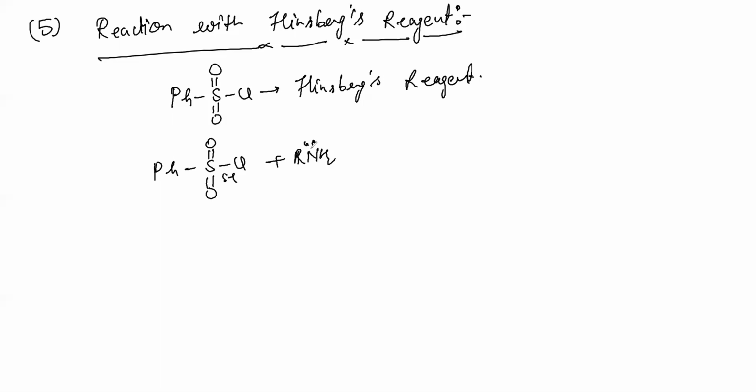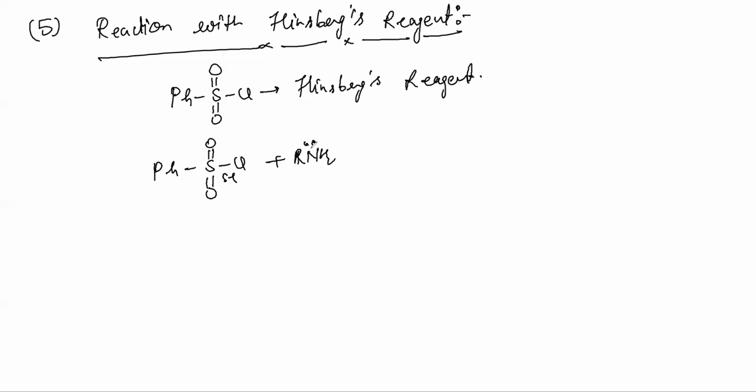Sulfur of PhSO2Cl will have delta plus on it, and nitrogen has a lone pair. How will the reaction start?